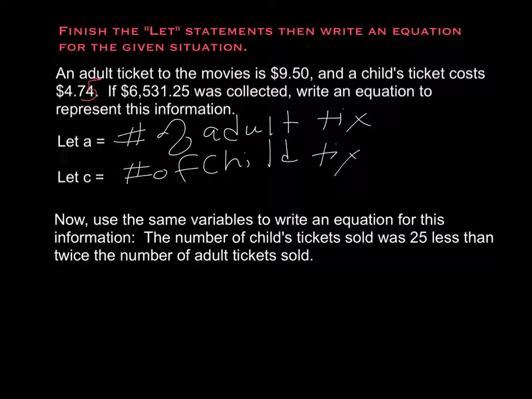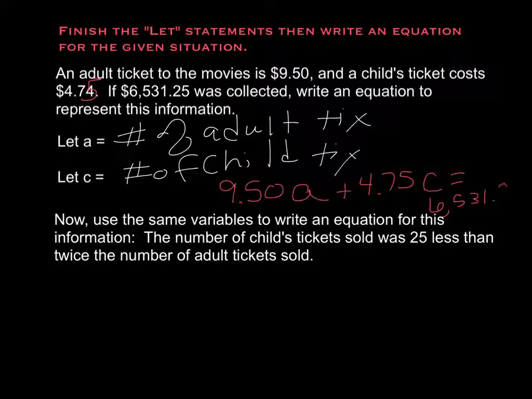And then for my equation, it's $9.50 for every adult ticket, so $9.50 times the number of adult tickets, plus $4.75 times the number of child tickets. That all has to equal $6,531.25. So there's my equation.